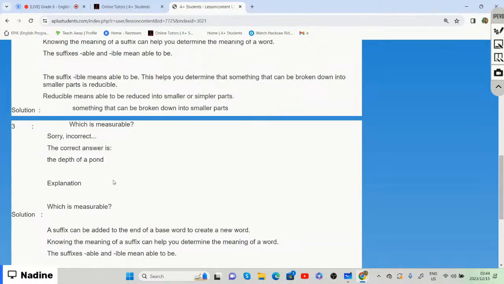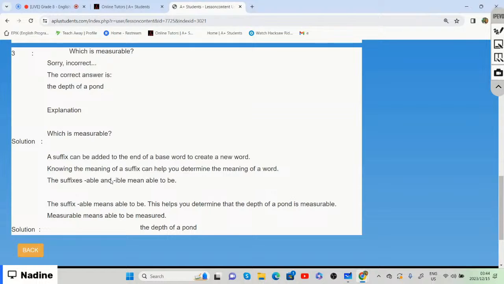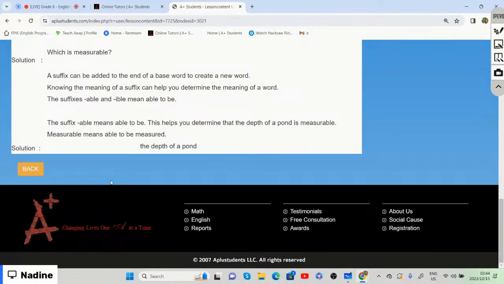So measurable is the depth of a pond, either how deep or how shallow a pond is.